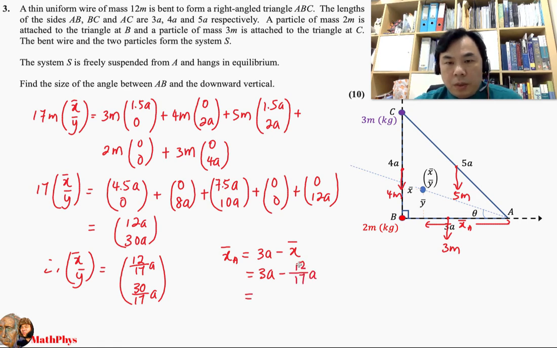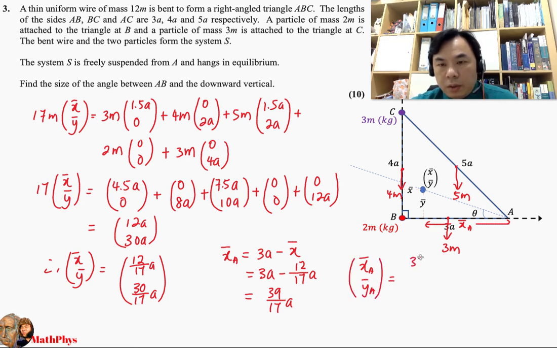Now that will be 51, so 39 over 17A, which is exactly the same as our previous answer. Our previous answer, with reference to A here, is written as 39 over 17A and then 30 over 17A.